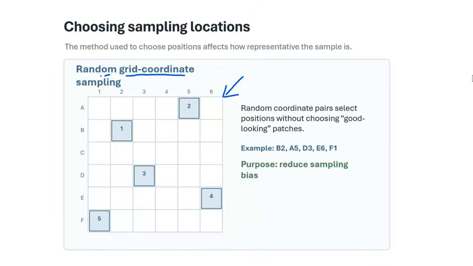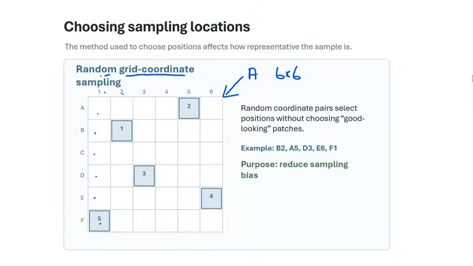And what one would do would be to create a grid system, much as you do on a piece of graph paper, in which we have an x-axis of 1, 2, 3, 4, 5, and 6, and a y-axis of A, B, C, D, E, and F. So we've divided up the total study zone. So in this case, zone A has been divided up into essentially what is a 6 by 6 grid.